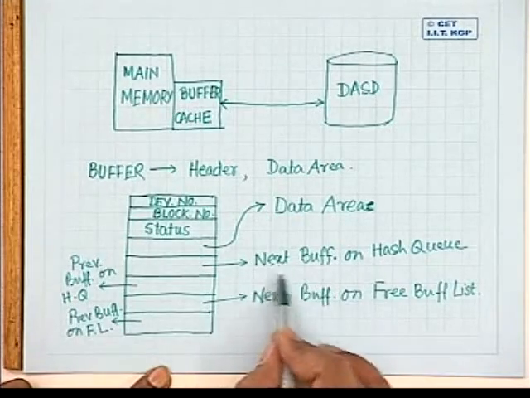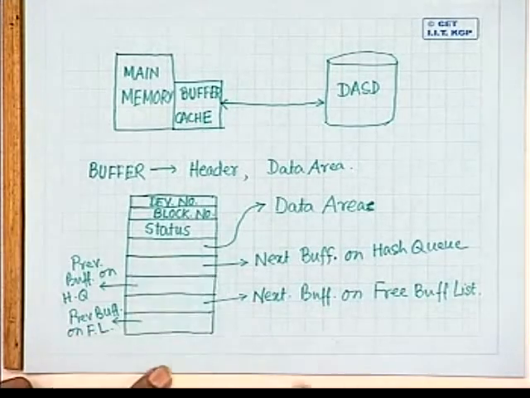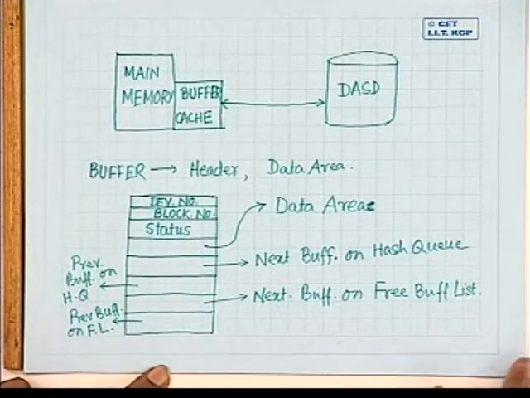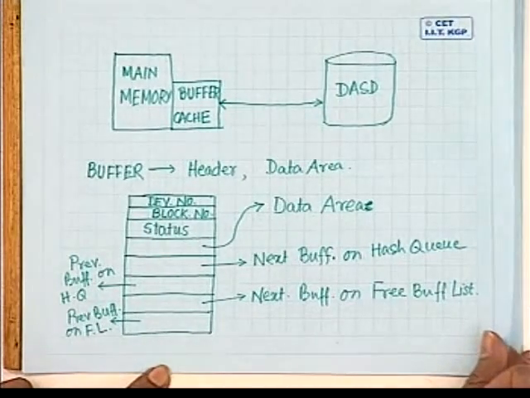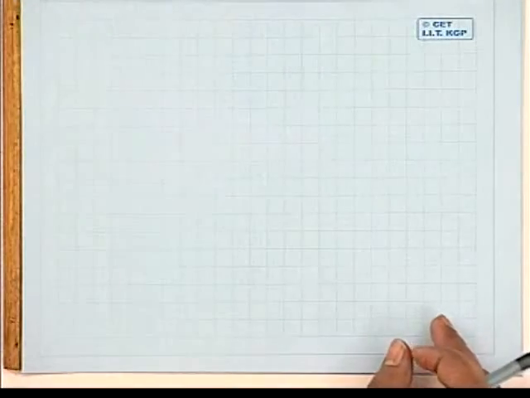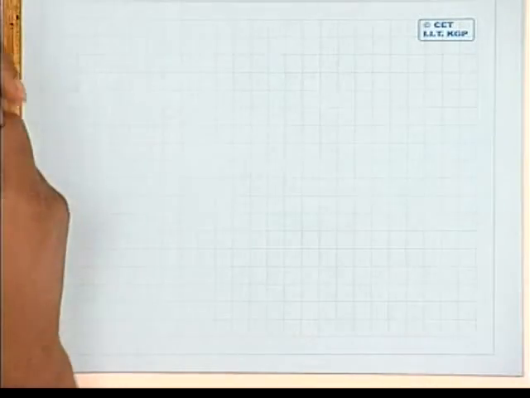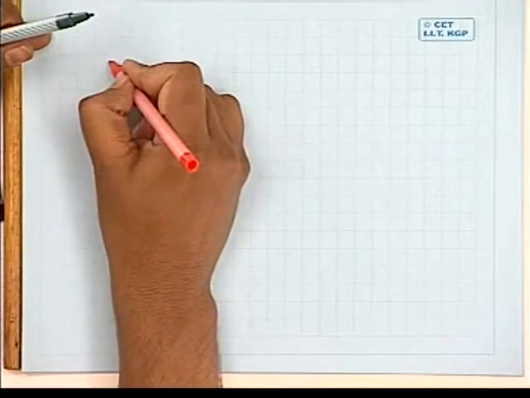Okay. Now let us see why this hash queue and free buffer list are needed. But before that, let me see what this status field is. The status field contains information about the status of the buffer.